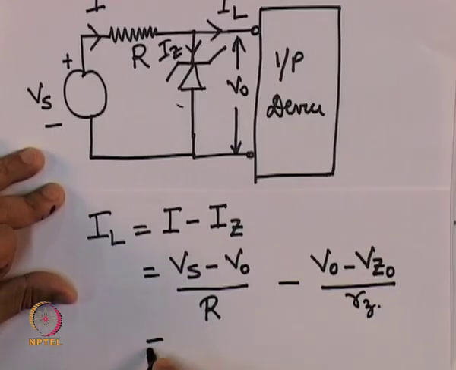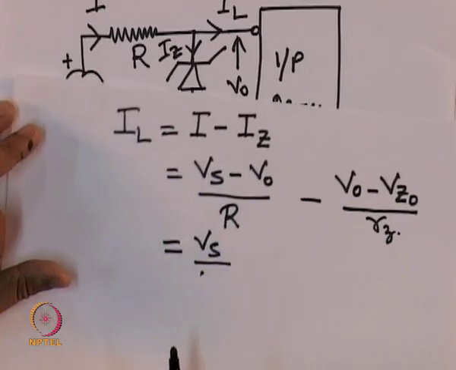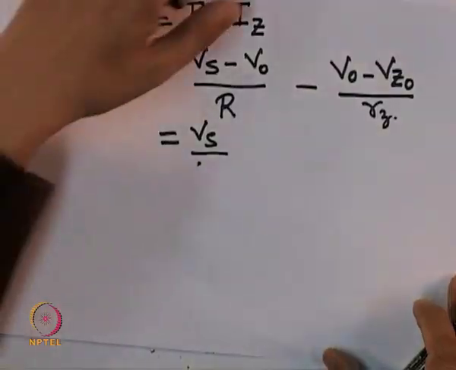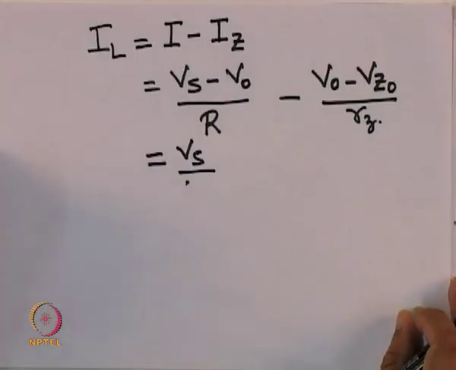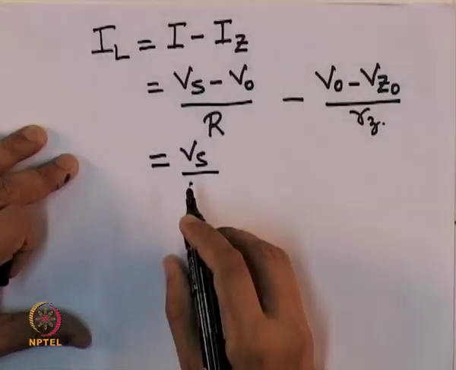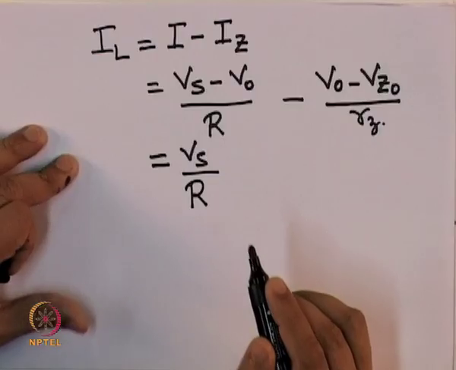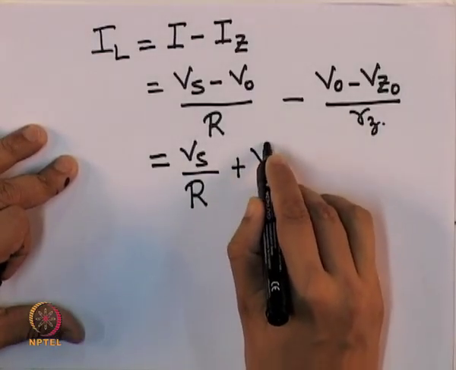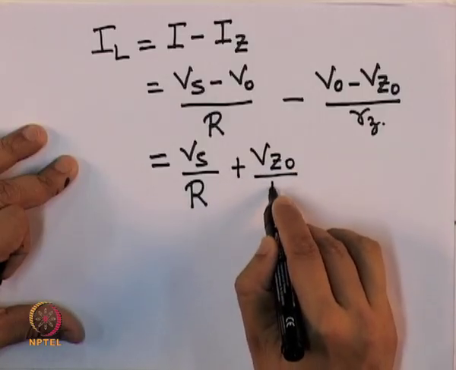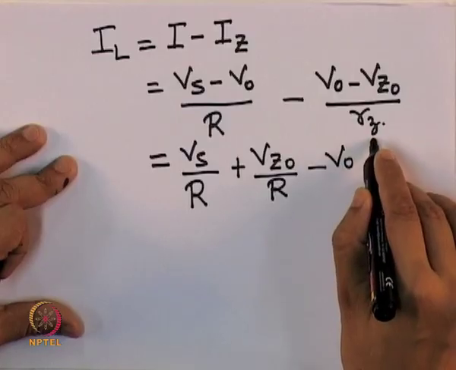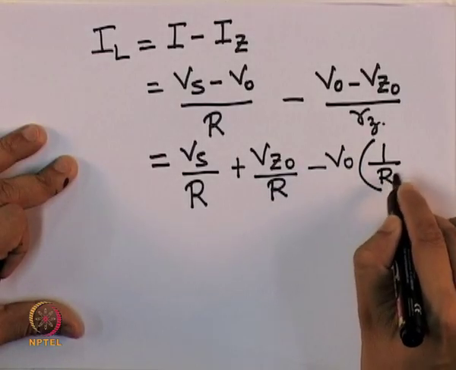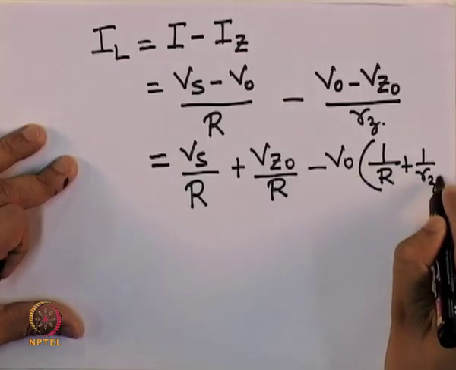So, then simplifying, I get I L equal to V s upon R plus V z 0 upon R minus V 0 into 1 upon R plus 1 upon R z.